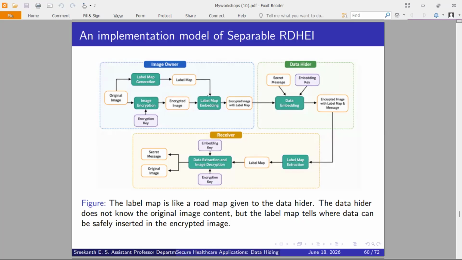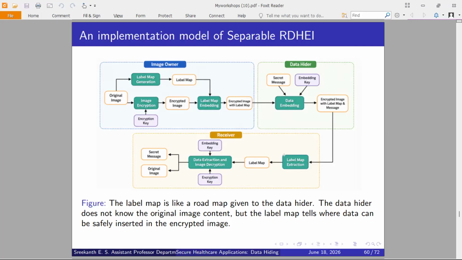The encrypted image will be associated with this map, because of this map only the cloud can embed some data. Now the encrypted label map will be sent. What will the data hider, the cloud, do? The cloud will hide the secret message using the embedding key here, and you will get the encrypted image. This is the final image: the encrypted image with the label map and message.